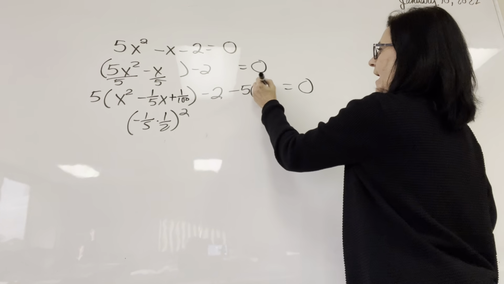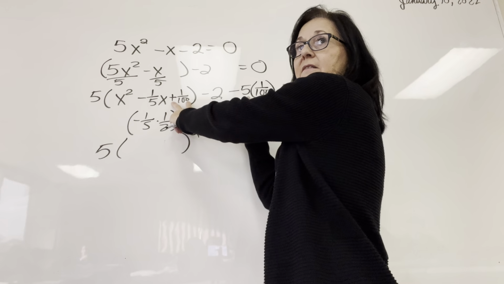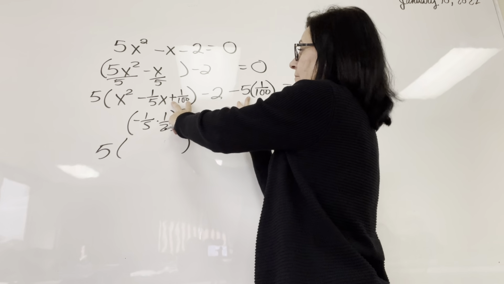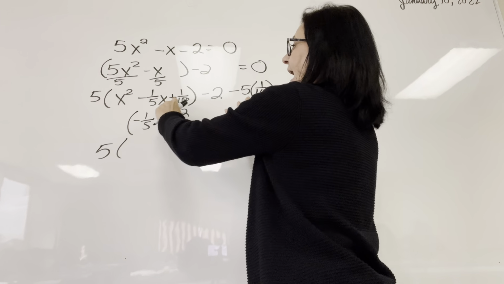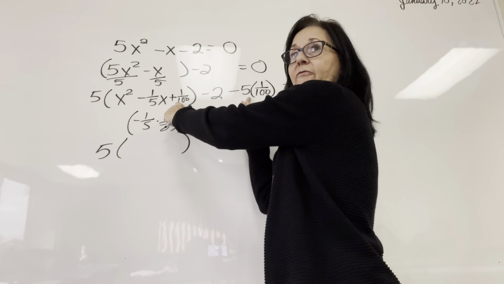Sorry, why do you subtract the 5 outside the parentheses? Because what we add in here, we subtract out here, so the net effect is 0. Got it? I added 5/100ths, I subtracted 5/100ths. Otherwise, I change the value of the equation.